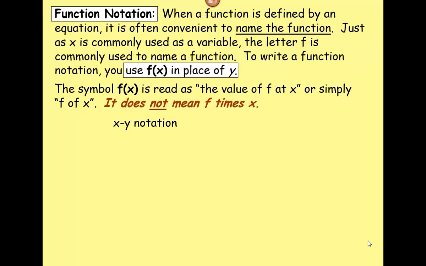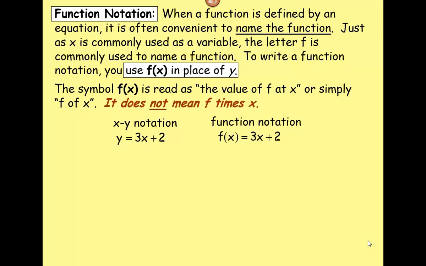So the normal way that we write things, or the old way that we wrote it, was in what's called XY notation. And we would write something like y equals 3x plus 2. Function notation, on the other hand, writes exactly the same thing, but it writes it as f of x equals 3x plus 2. Notice the right-hand side of the equation is still exactly the same.